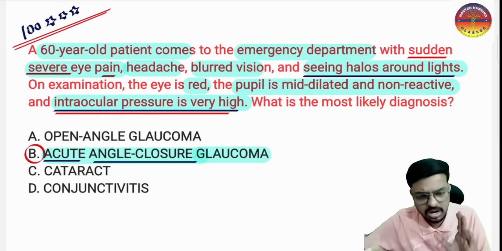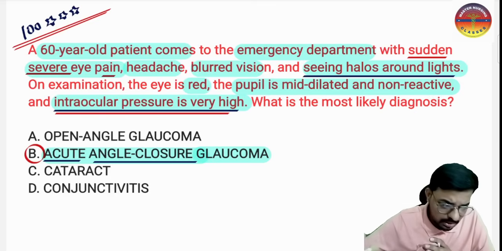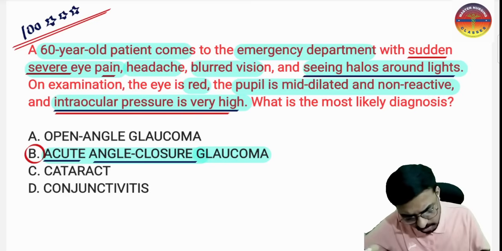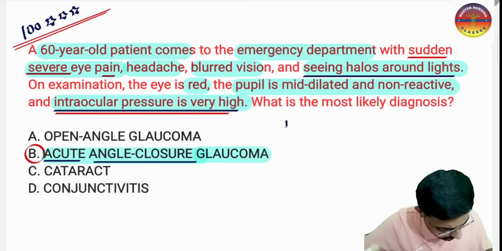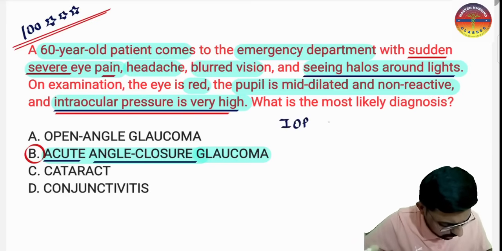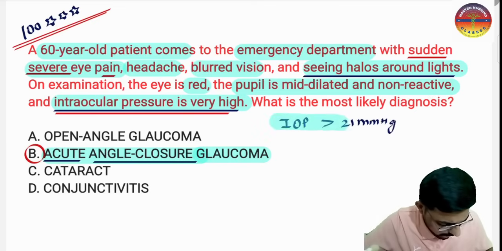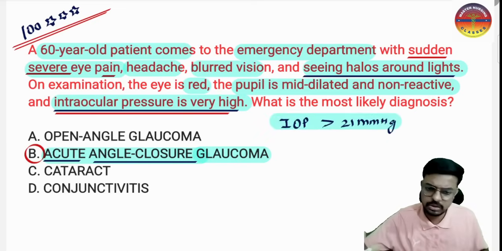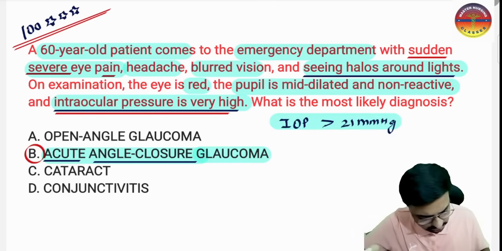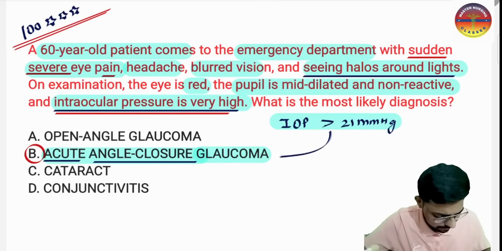Then when can we say glaucoma? When the intraocular pressure is more than 21 mm of Hg, we call this a case of glaucoma.